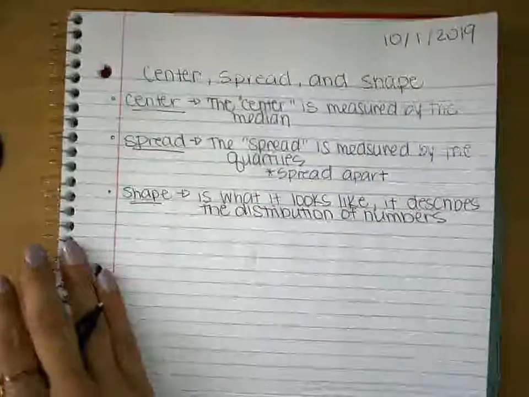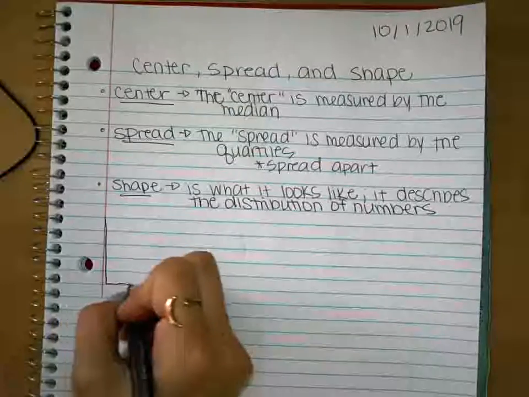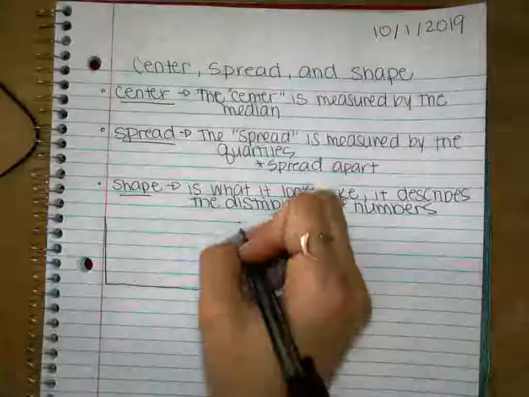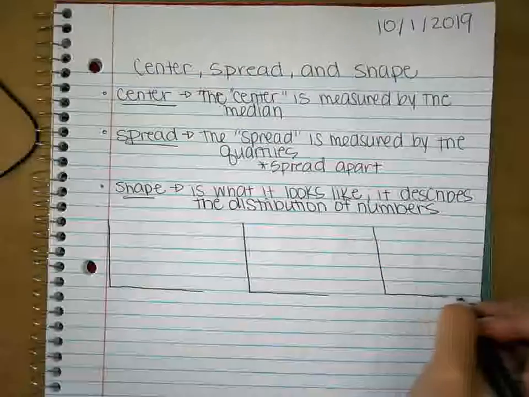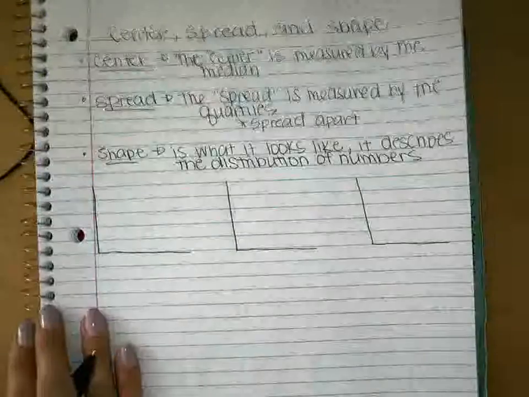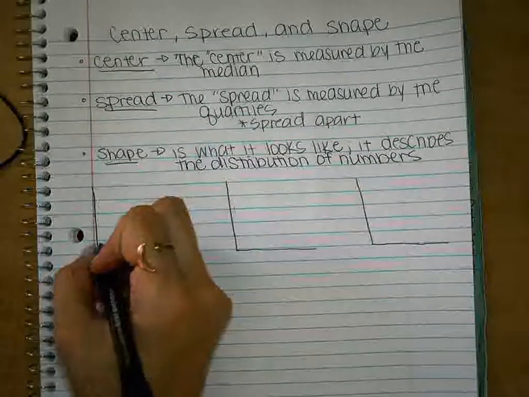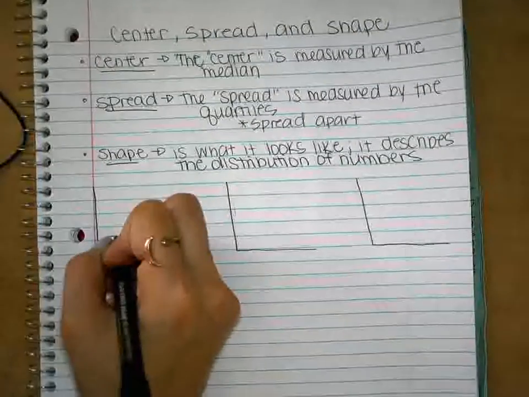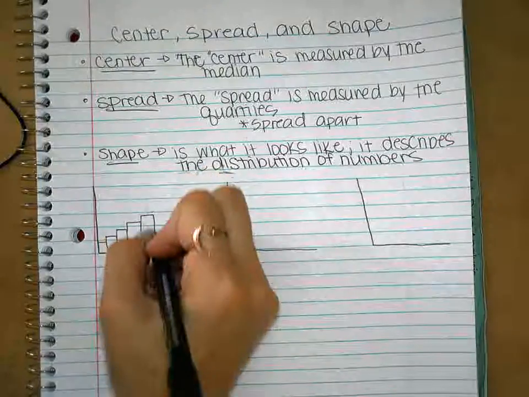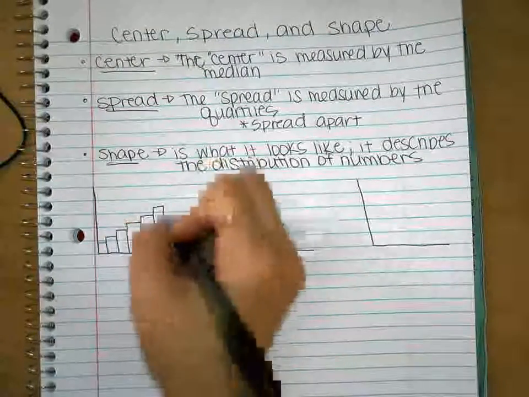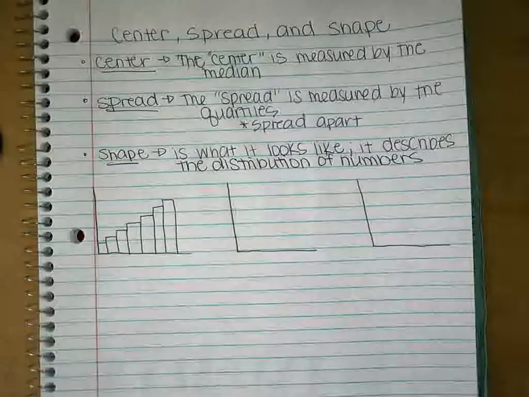Okay, so there are 3 pictures that we are going to draw, and they're going to be 3 histograms, but we could do this with line plots as well. So I'm going to draw 3 L's on my paper like so. And then I'm going to draw, it doesn't have to be perfect, but I'm going to draw a picture like that.